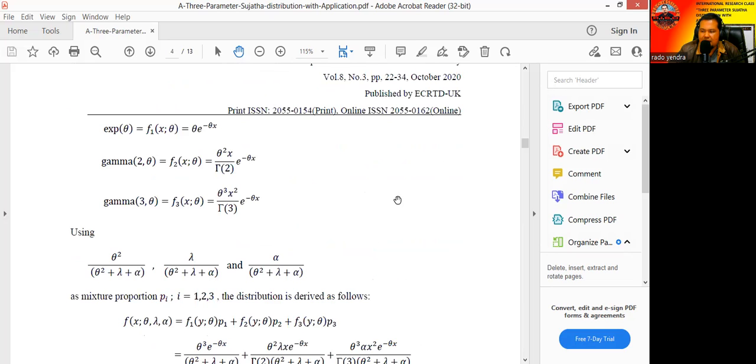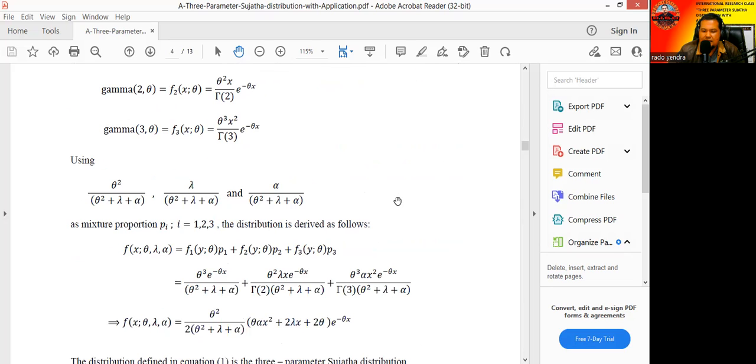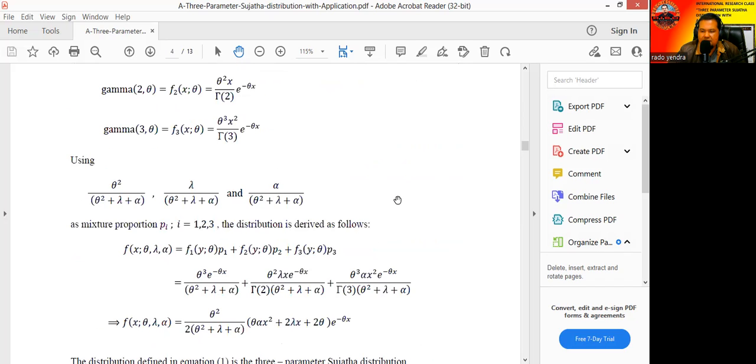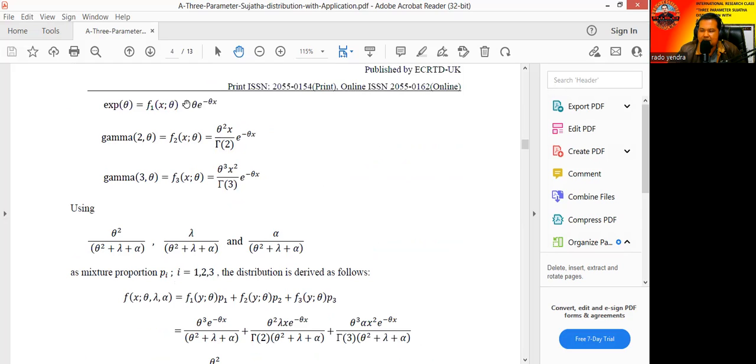The three parameter Sujatha distribution comes from the theory of mixture distribution. There are three distributions. Exponential theta, we can say gamma 1 theta with shape equal to 1 and scale parameter theta, or exponential theta equal to theta exp minus theta x.